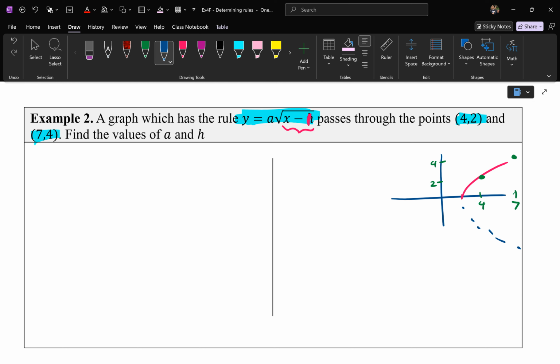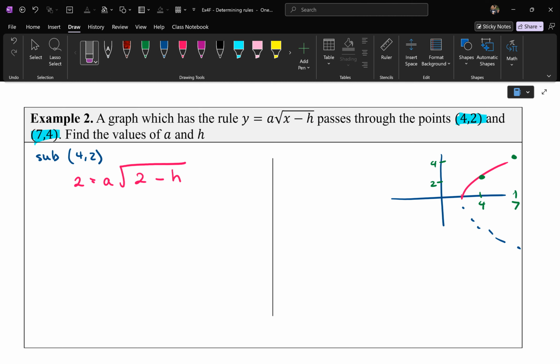Here we go. Passes through the point 4, 2 and 7, 4. You've got two unknowns, and they gave you 2 points. Very likely, you're going to be doing simultaneous equations. Yeah, so here we go. Sub 4, 2 in. So x is 4, y is 2. So we've got 2 is equal to a times the square root of 4 minus h.